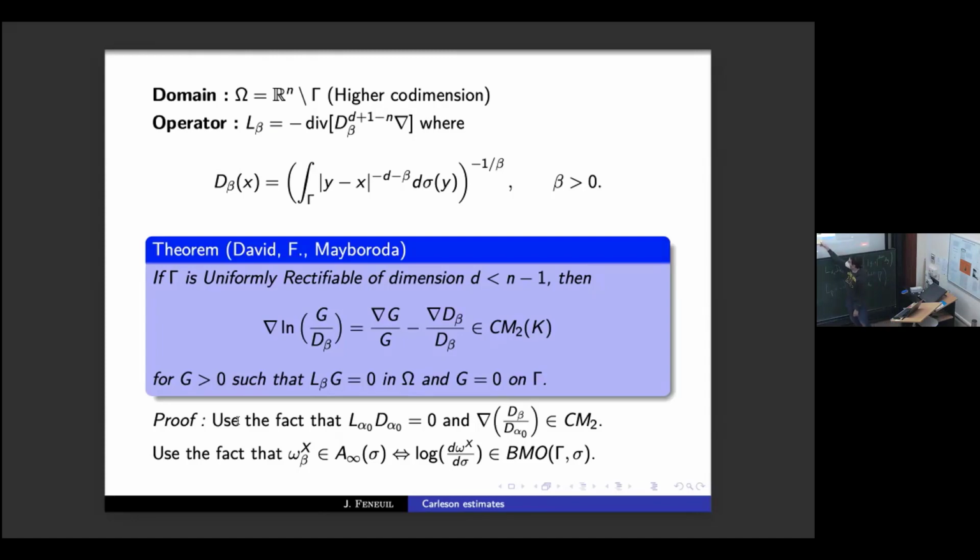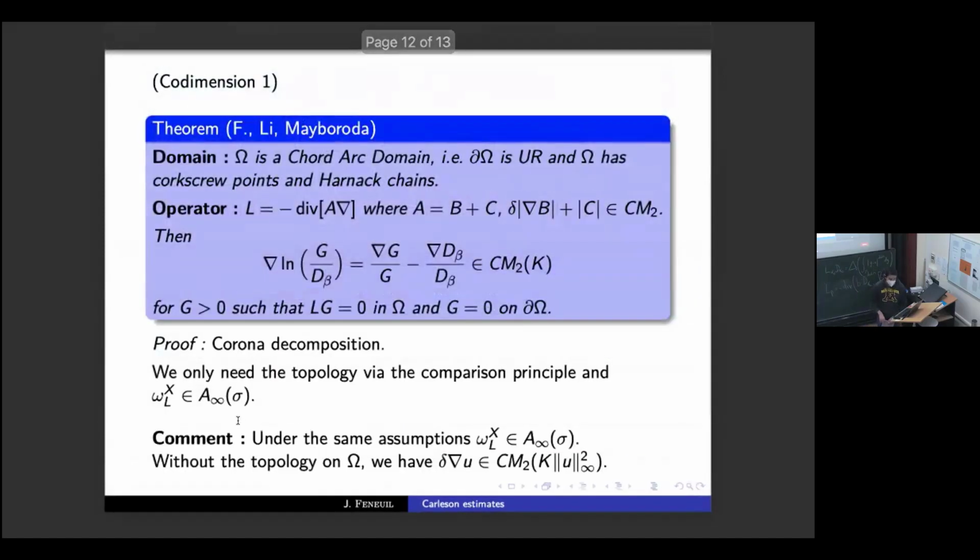We had to use in the meantime the fact that the elliptic measure is A infinity anyway, which is a problem for the last part. So we said, okay, we got it in higher codimension, so it should be true in codimension 1 too, right? Hopefully. So we tried, and we succeeded also.